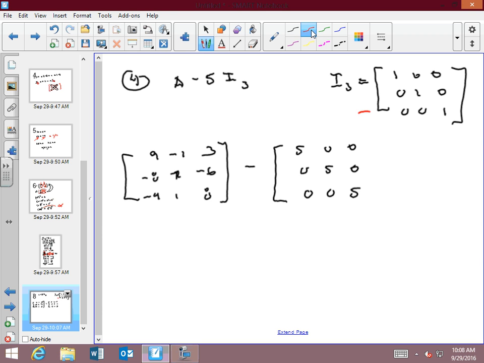I could have done it this way, and maybe that's easier to see. So what I'm doing is I'm going to add these two, right? This is how it's going to alter this.